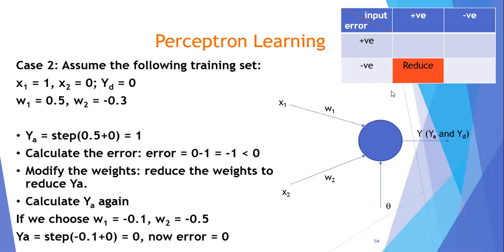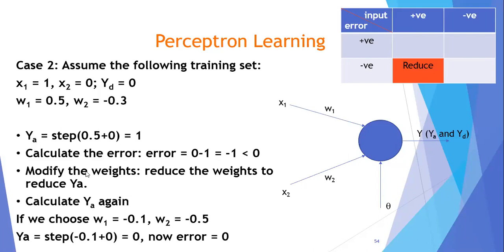So we are in this particular combination I put here. Now, what would we do in this case? You try to make YA become as close as possible to YD. This is the aim of learning: to make the value of YA you're calculating as output of a perceptron become as close as possible to YD.